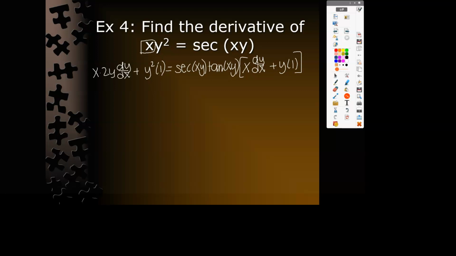So once again, you have to distribute the outside to everything inside. So we have 2xy dy dx plus y squared equals x secant xy tan xy dy dx plus y secant xy tan xy.